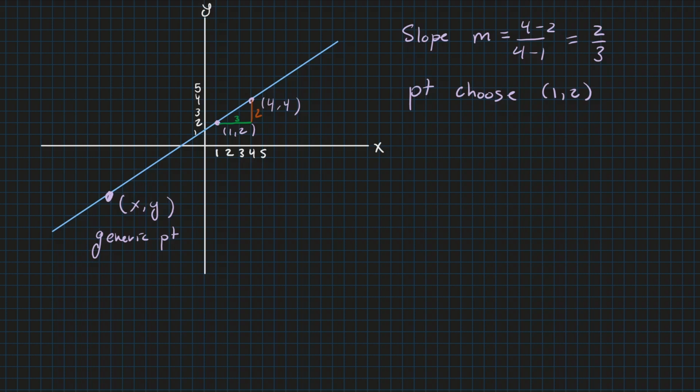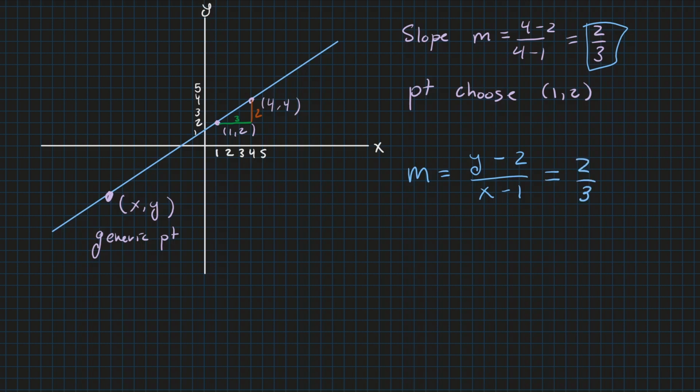So if we write the slope of the line with the generic point and our chosen point, we get that m is equal to (y − 2) divided by (x − 1). I'll always put the generic point first, just to make a bit more sense. But we know what the value is. We know that it's 2/3. So this is equal to 2/3.